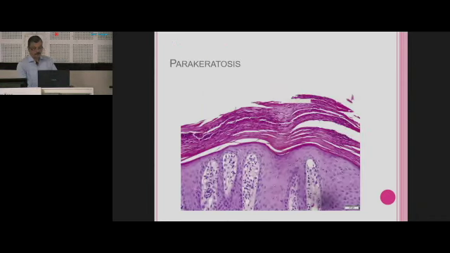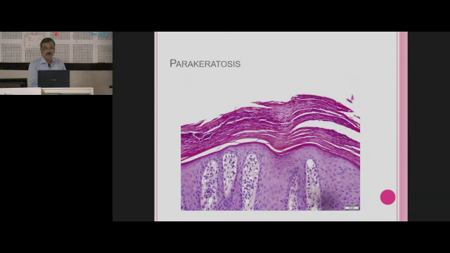Then the parakeratosis. The normal basket weave pattern is lost in most psoriasiform dermatoses. Commonly, confluent parakeratosis is seen, that is the continuous type of parakeratosis. Parakeratosis means the presence of nuclei in the keratin layer.